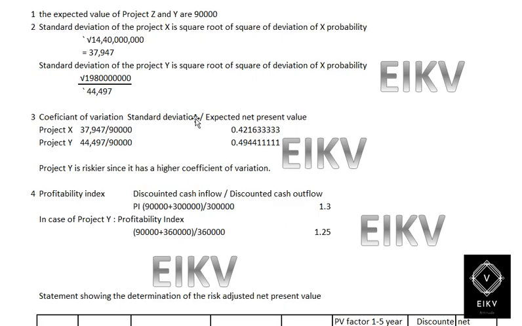Next one, coefficient of variation. The standard deviation divided by mean or expected value will be the coefficient of variation. Therefore 37,949 divided by 90,000 and 44,497 divided by 90,000 gives 0.4216 and 0.4944.